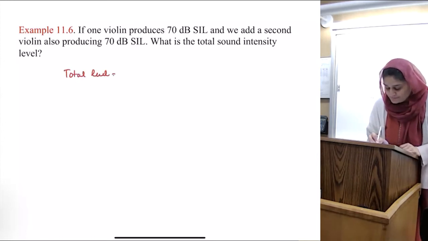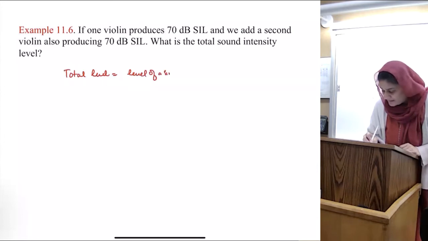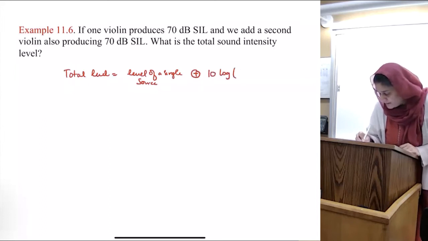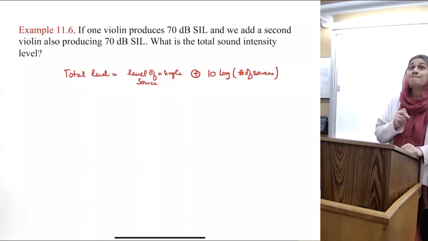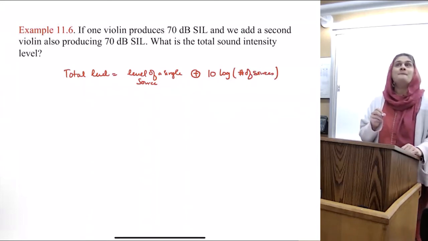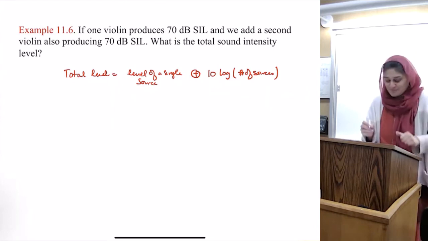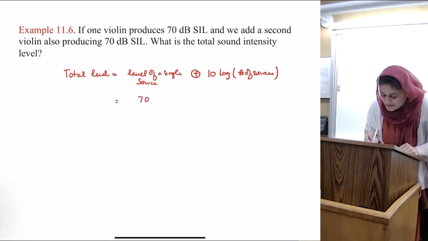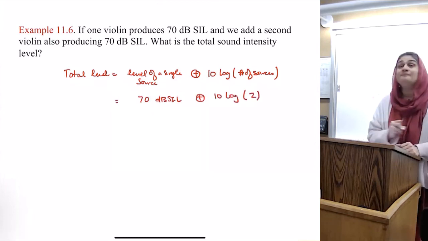Total level will be the level of a single source plus 10 log of the number of sources. So how many sources do we have now? So the level of a single source is 70 dB SIL plus 10 log of 2.